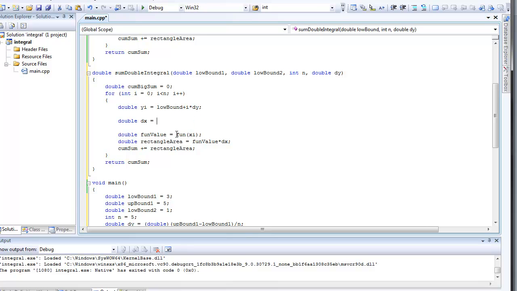So dx will be given as yi minus low bound 2 divided by n, and cast it as a double. So dx will be changing because yi will also be changing, moving up.